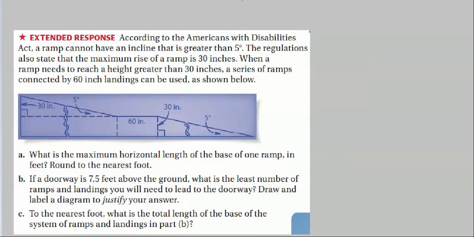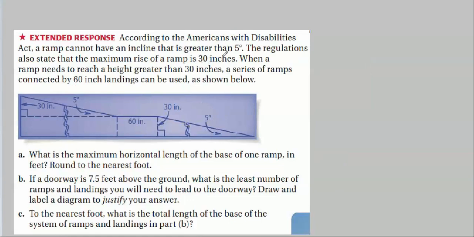Well, here's one that'll take about half a lifetime. It's probably not that bad. We'll see. There's a whole bunch of conditions here. The maximum incline is 5 degrees, and I think we're going to assume that they're using the maximum. And the maximum rise is 30 inches.